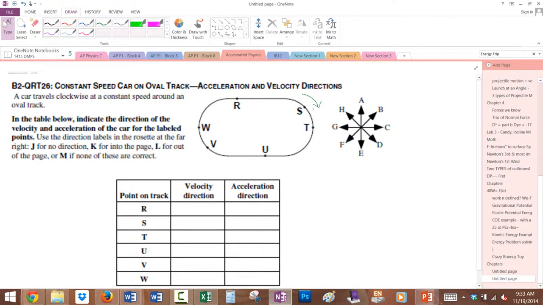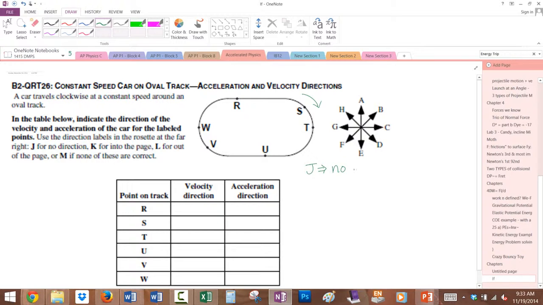Also, really quickly to note, if there is no velocity or no acceleration, use the letter J, and use L if none of them are correct.